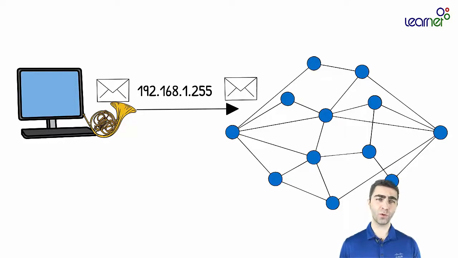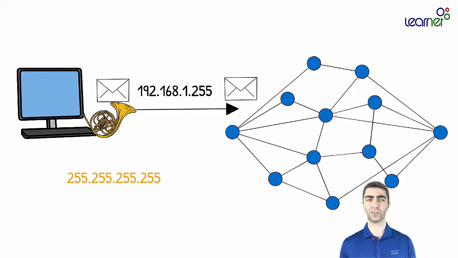There is one more specific broadcast address as well. And that address is 255.255.255.255. If you put this address in the destination address of an IPv4 packet, that message will go to everyone in your local network, no matter what subnet they are.